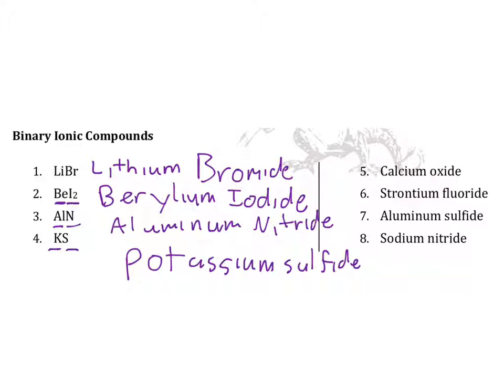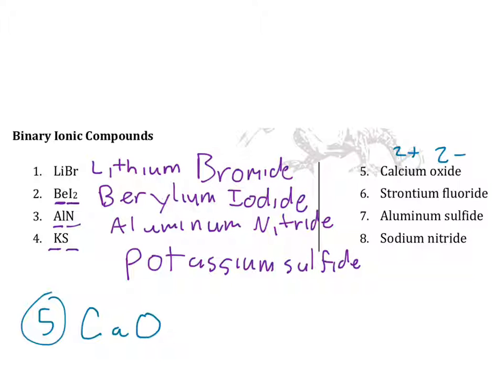So if calcium is a 2 plus, and I just like to write the charges above the element, and oxygen is a 2 minus, notice how one of each of them will be balanced. And so this will end up being a 1-to-1 ratio. I'm going to write it over here, it's going to end up being CaO. And again, if we don't write anything, it assumes that there's a 1, so it's a 1-to-1 ratio. So it's just CaO, you just need one of each to balance each other.